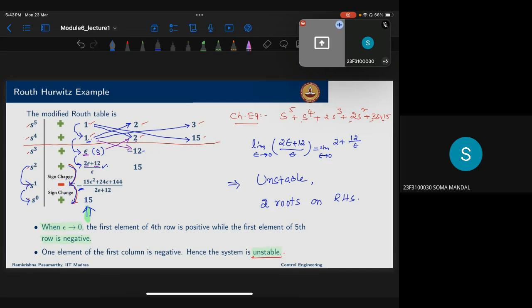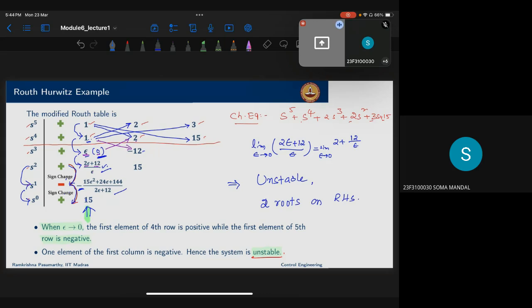Any queries here? So special case one, what it says basically: whenever you are doing calculations in the first column, whenever you get this 0, replace that 0 with epsilon and continue the calculations. After that, take every term with epsilon tending to 0. Then check its sign. You don't need to calculate its value, just whether it is leading to positive or negative.